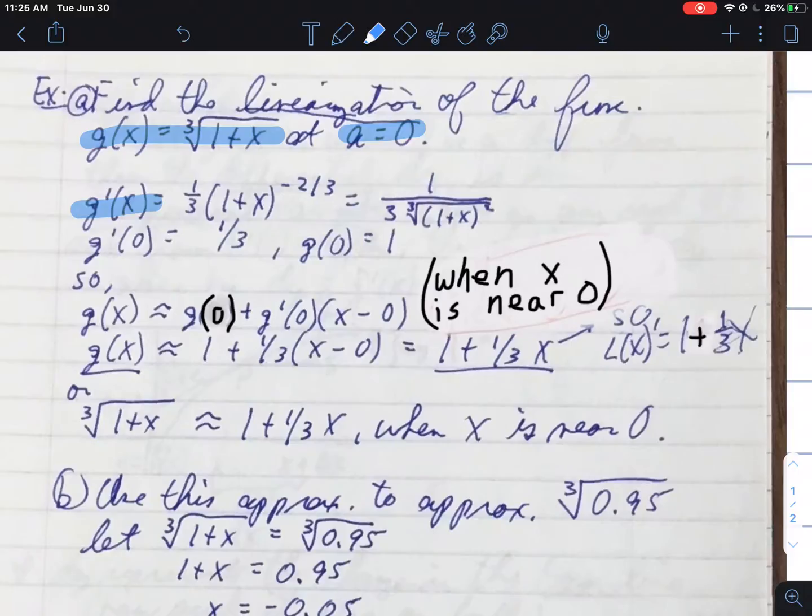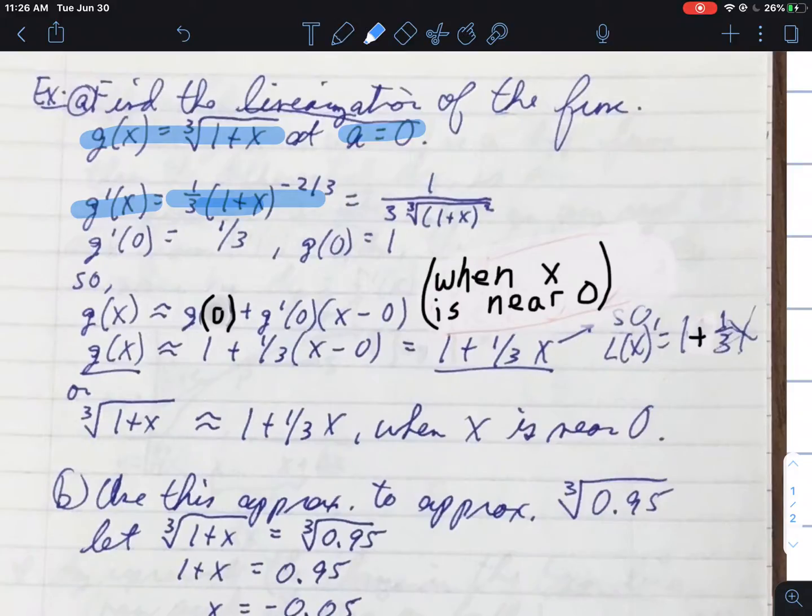So power rule, derivative would be 1/3 times (1 plus x) raised to the negative 2/3, decrease the exponent by 1. Now there is a chain rule here, the derivative of the base, 1 plus x, but that derivative is just 1. So I don't need to tack that on there.